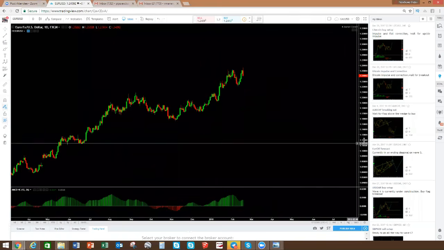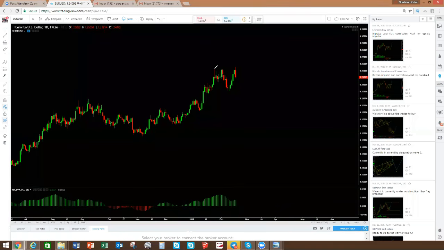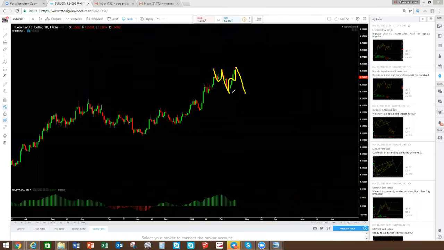Let's just go to wave 4. You see that it does this 1, 2, 3. So there's a possibility that it does another 1, 2, 3 here. Gives us a flat correction, and then this wave 3 and 4 actually becomes like a flat correction before we go for a wave 5.